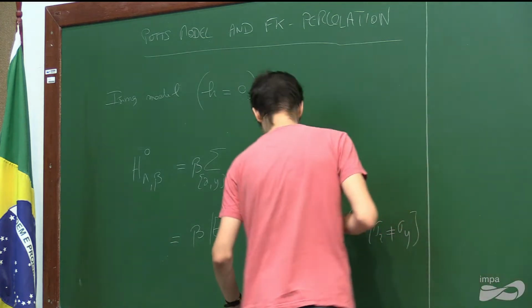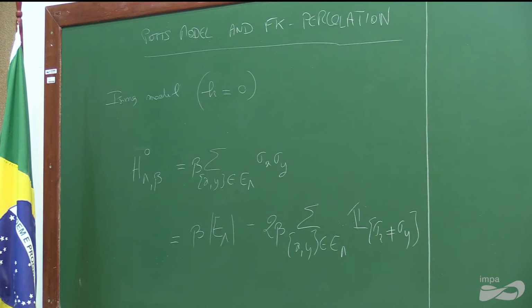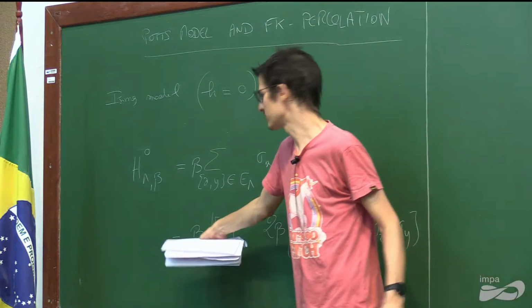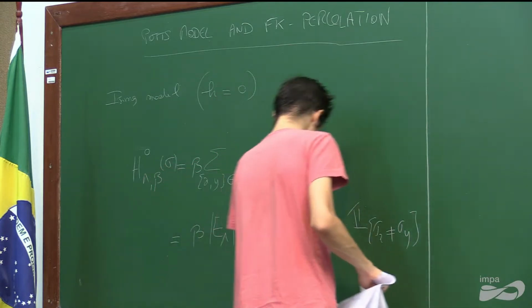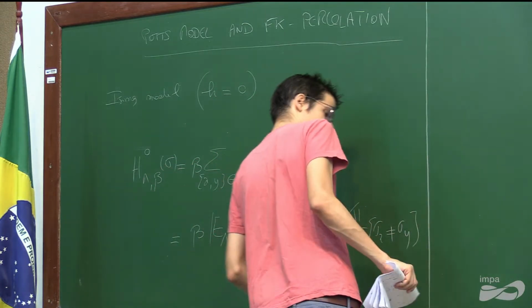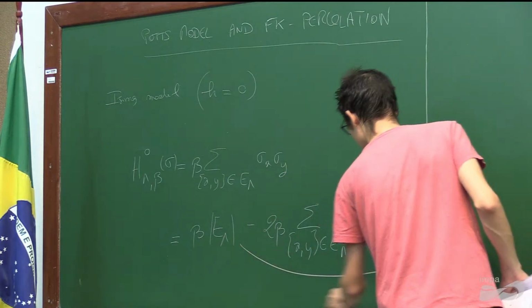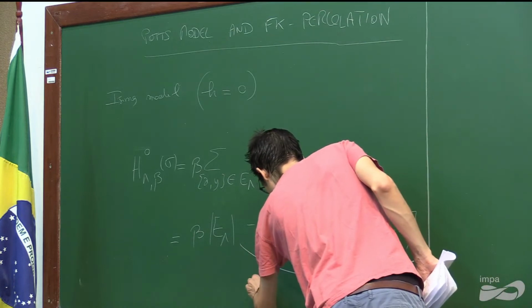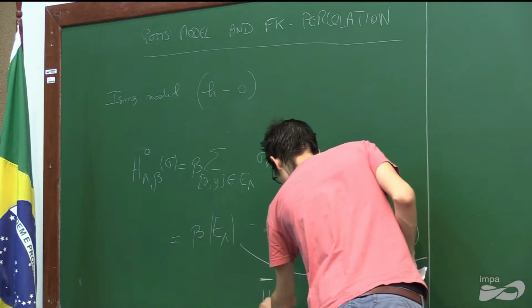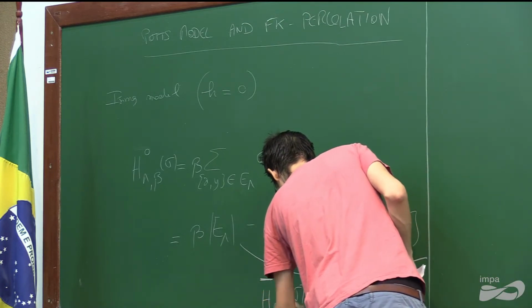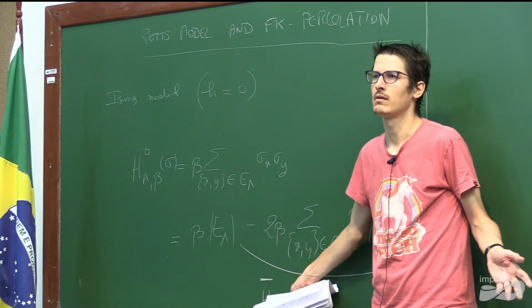Okay, so basically what this means, because this is constant and does not depend on the spin configuration, is that if we define this thing to be h bar lambda beta sigma, the model which is defined with this Hamiltonian is the same model.